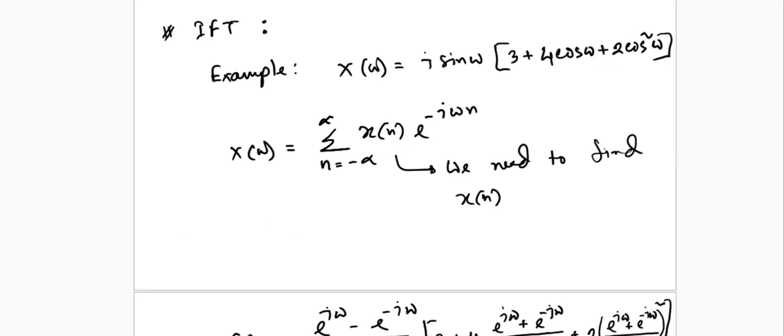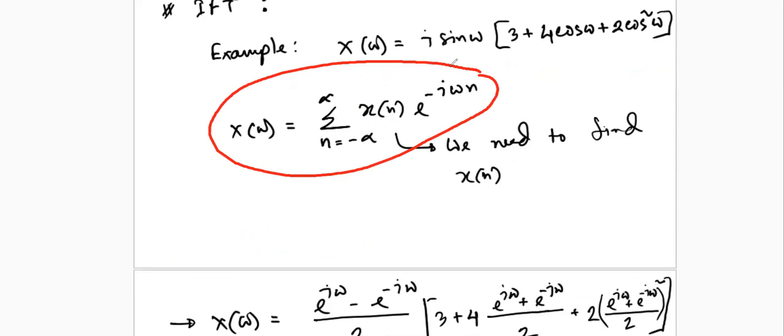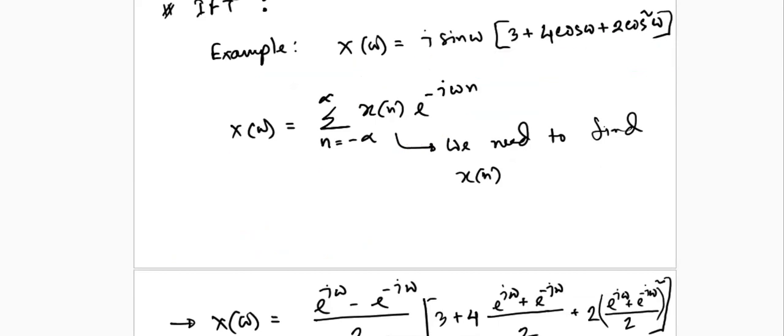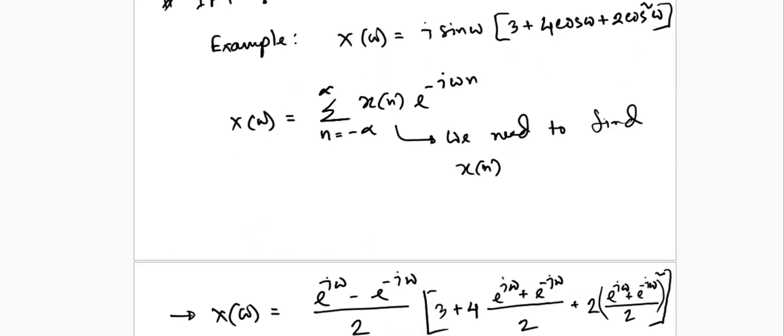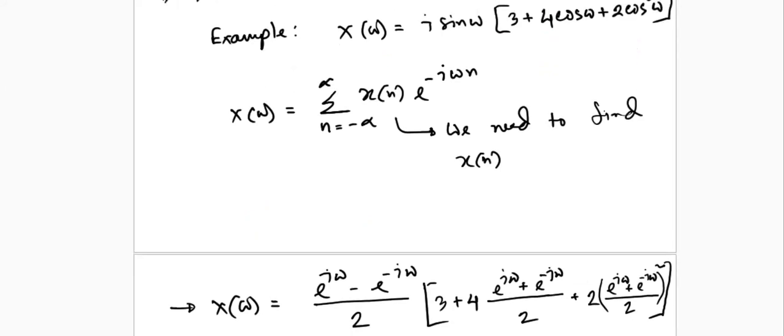So we can elaborate this by understanding the concept, and find the value of x[n]. Let's start. First of all, we can elaborate this function by using Euler's formula or Euler's identity.